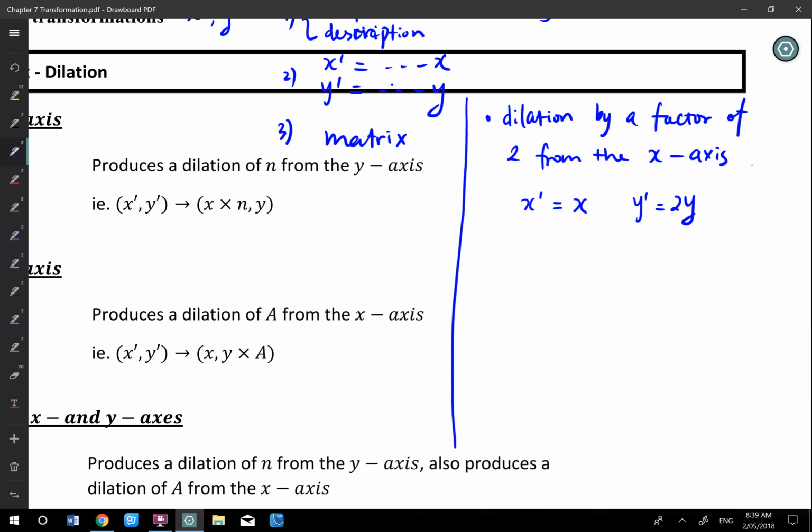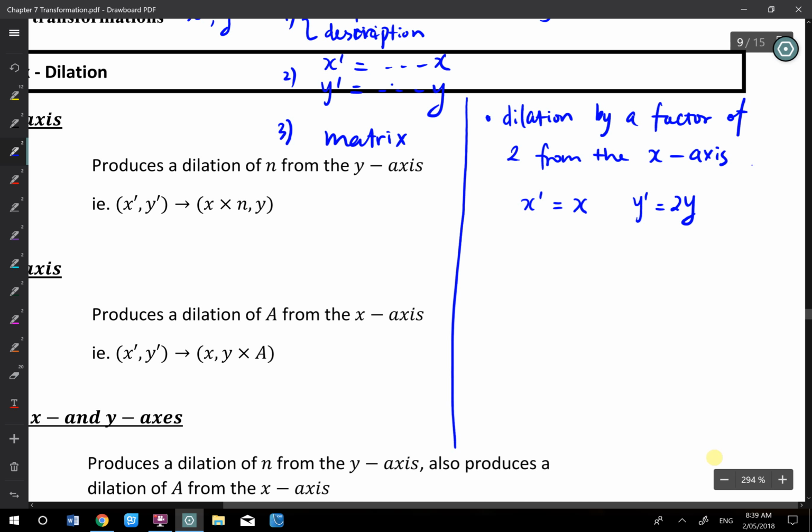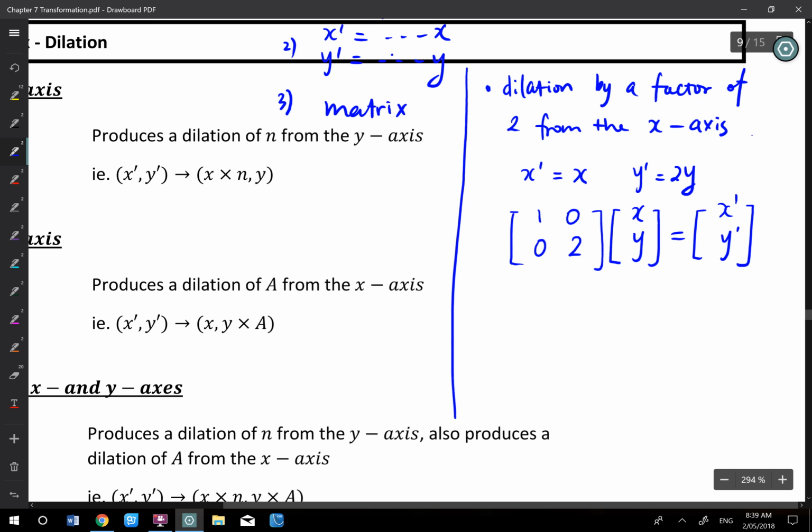Now I will change this into a matrix representation. Okay, how will I do this? Have a look at this. I'll go through why it's like this.